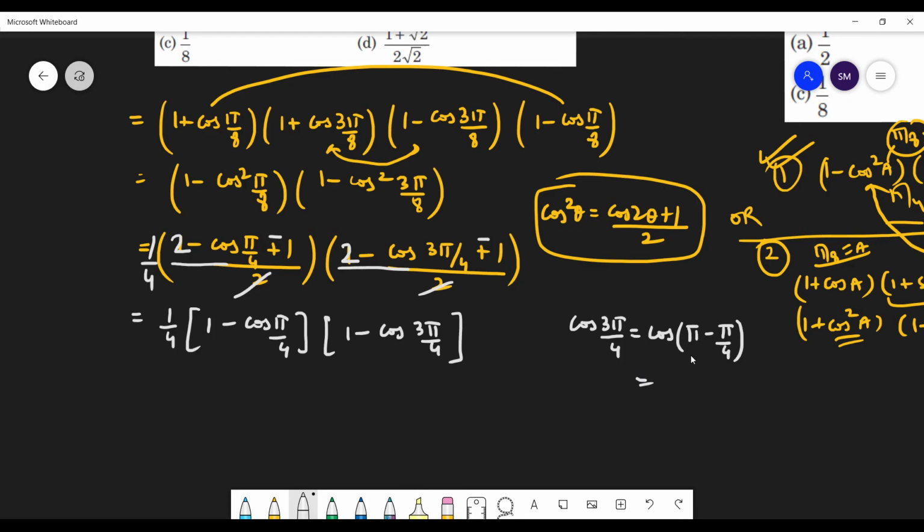And for pi minus, the cos is not going to change because it is even multiples of pi by 2. So for 180, 360, this trigonometric ratio will not change. So cos pi by 4. Now which quadrant is it? This is 180 minus, so it's second quadrant, cos is negative. So minus cos pi by 4.